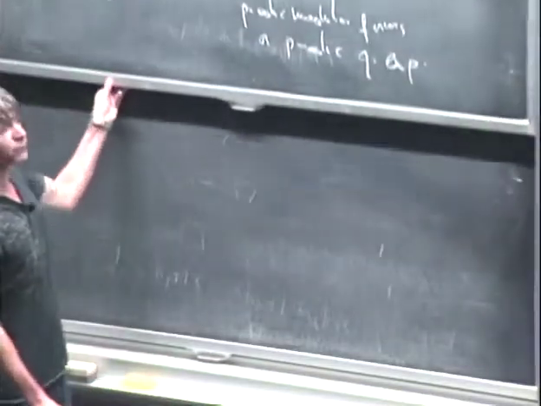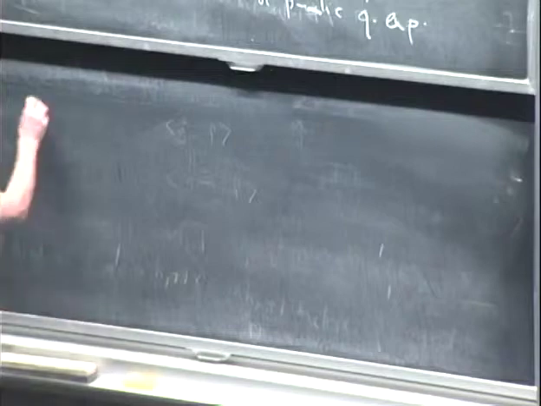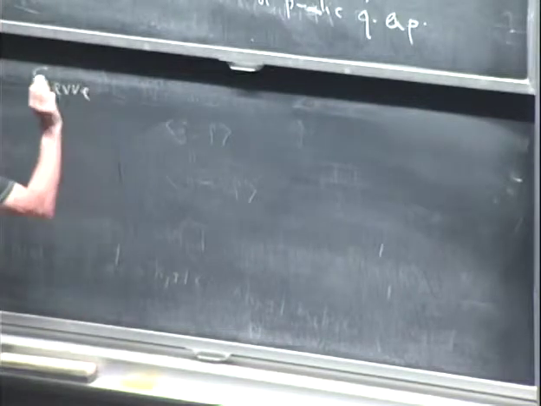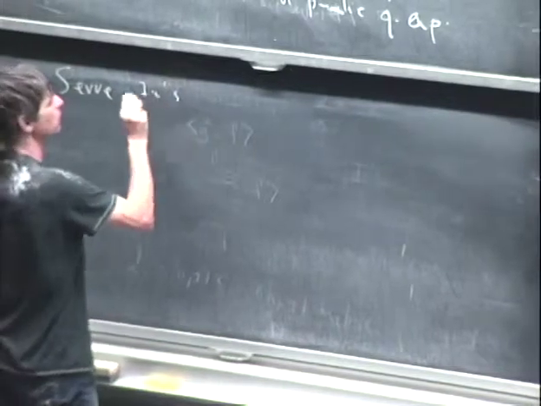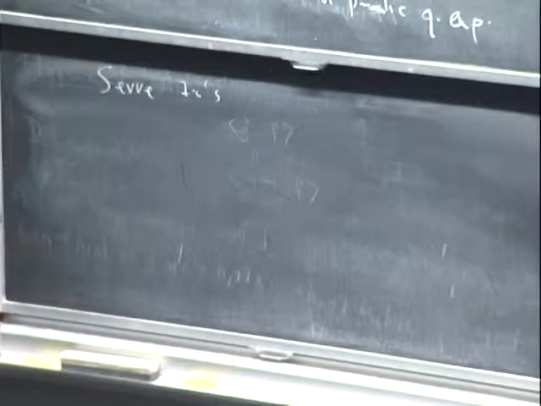So the first example of such a family is a remark of Serre in the 70s. And it's related to the theory of Eisenstein series.